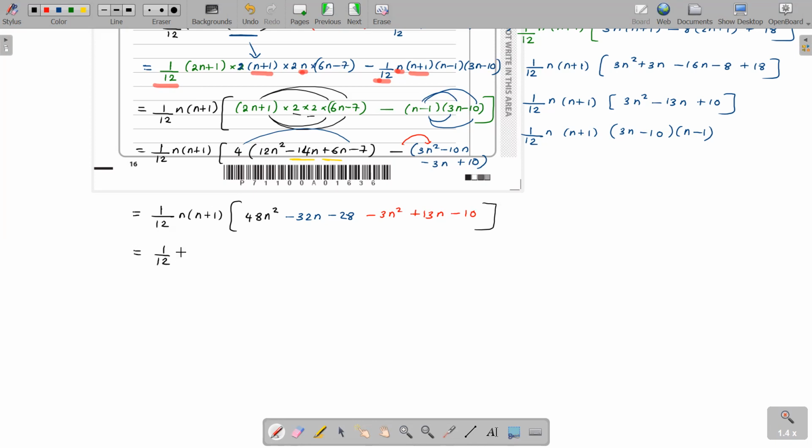Let's simplify 1 over 12, n plus 1. I get here 48 minus 3 is 45n square, right? Minus 32n plus 13n, how much? Minus 19n. Minus 28 minus 10 is minus 38. Okay, so does it factorize well?